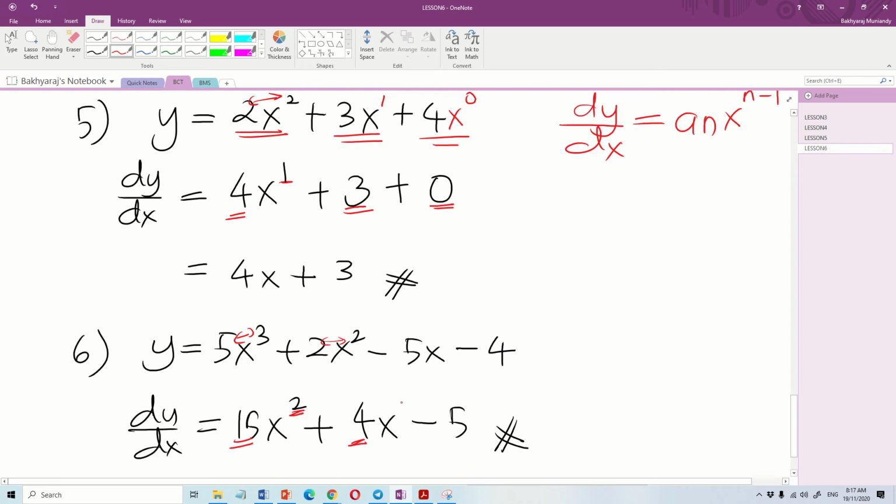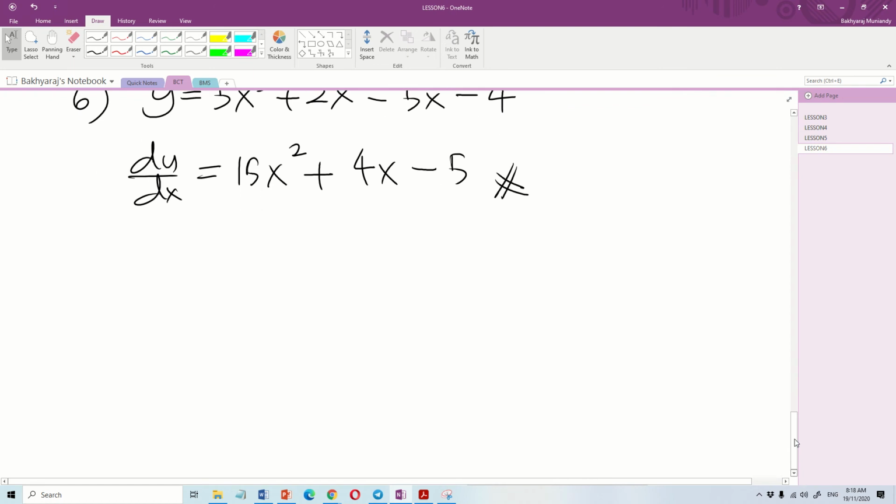So that's why you get 4 here. 2 minus 1 gives 1 here. 5x is power 1, so this becomes zero, and power zero is 1. So that's why you get negative 5, and then the constant becomes 0. That's why we get 15x squared plus 4x minus 5.